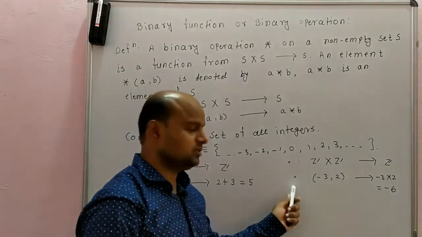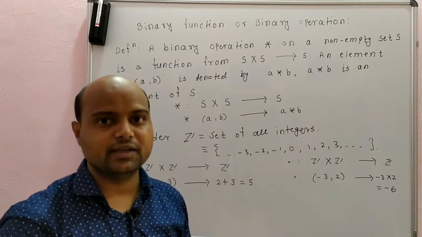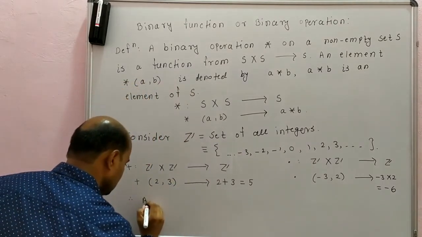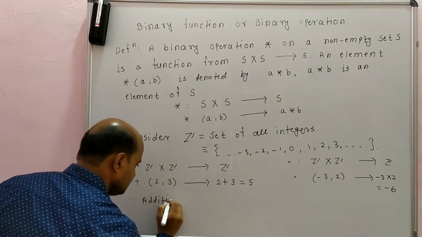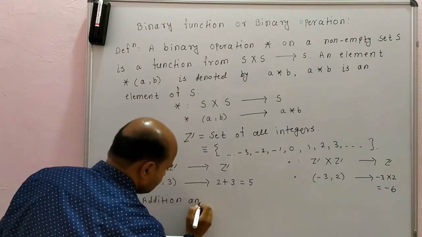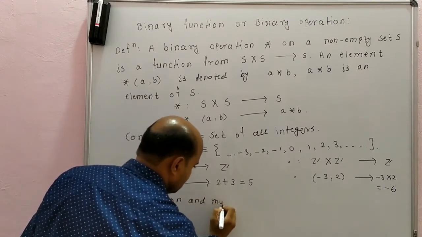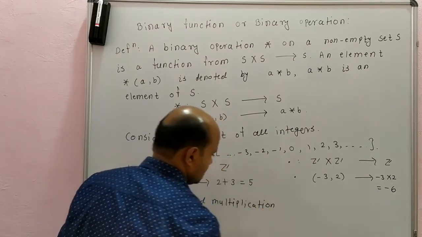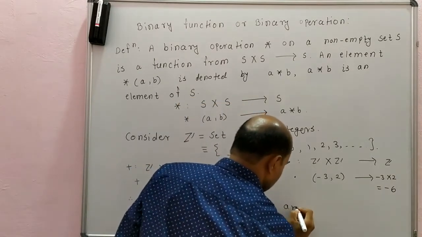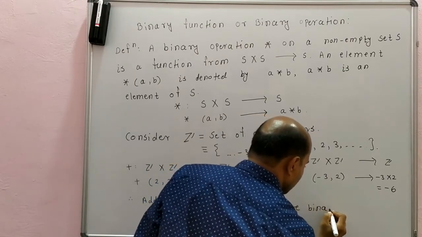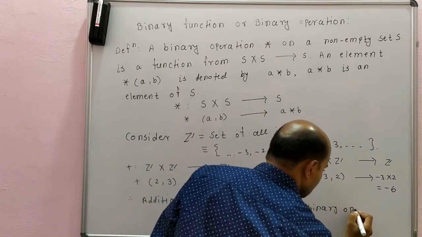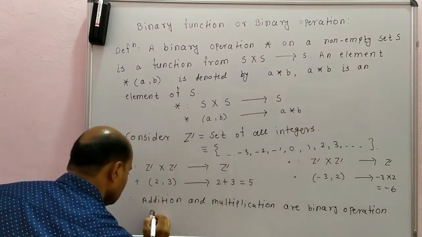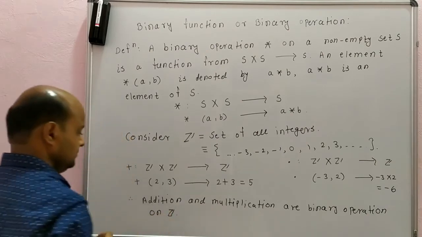Therefore, multiplication is also a binary operation on Z. Therefore, addition and multiplication are binary operations on Z.